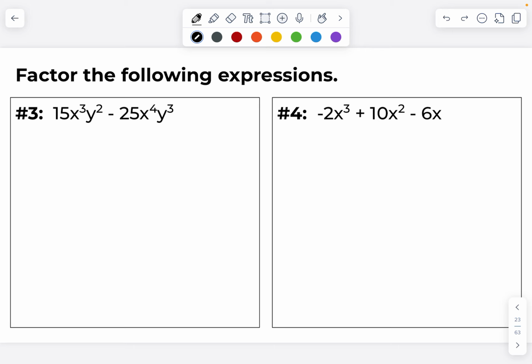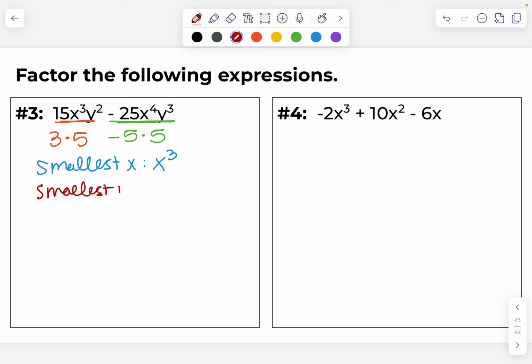So for this one, hopefully you notice that 15 could be divided into 3 times 5. And here we could divide this into negative 5 times 5. Our smallest x exponent is x cubed. Our smallest y is y squared.